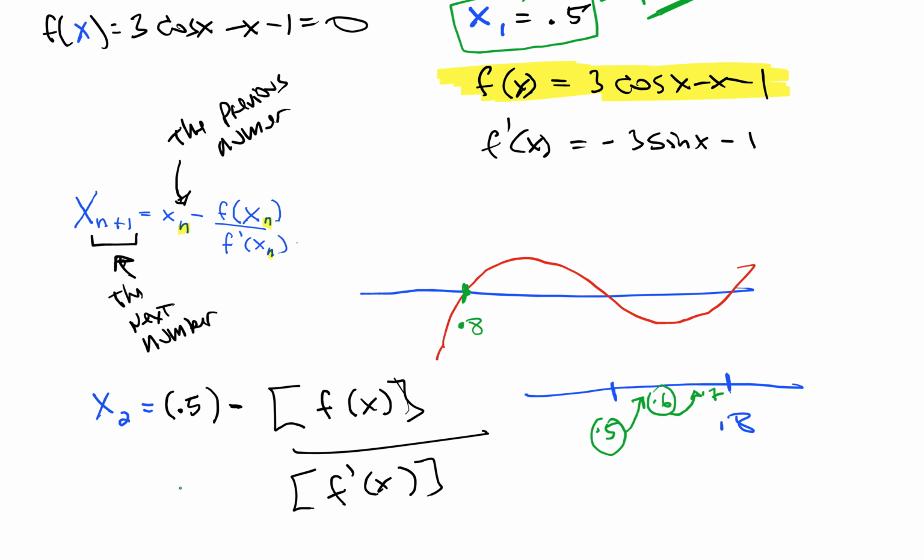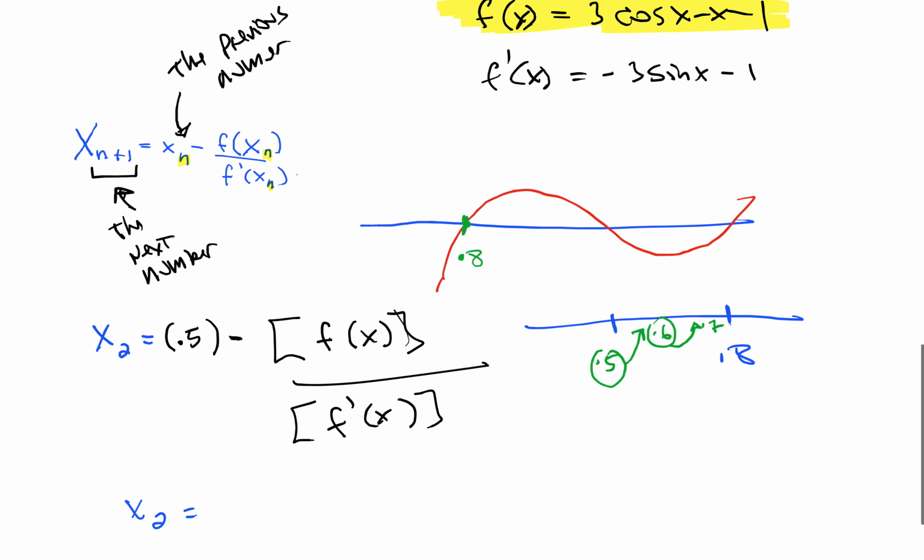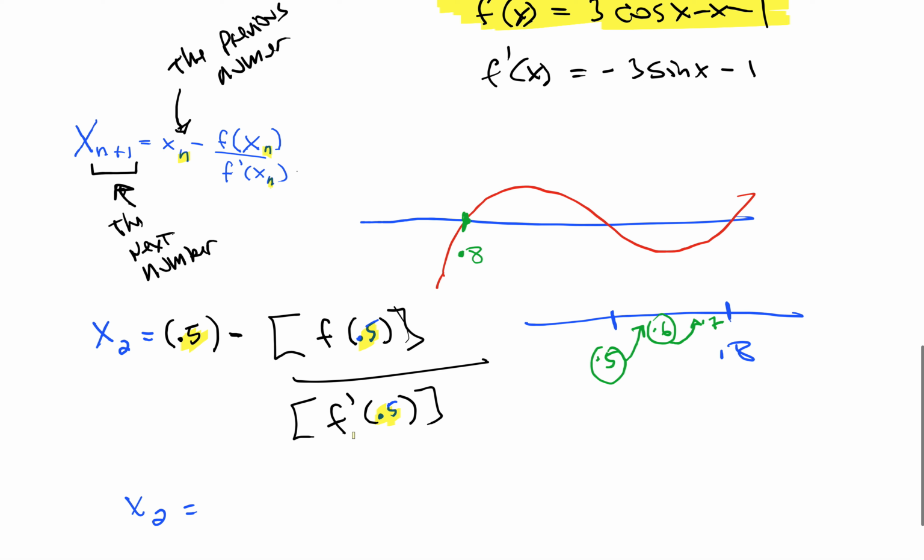Okay, you ready? So now we're dropping. Do you see how we're going to drop 0.5 into here, into here? So it's all the same number. It's all the previous number. Okay? So we have equals 0.5.